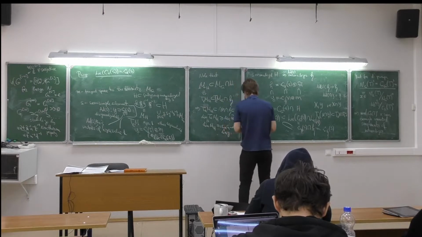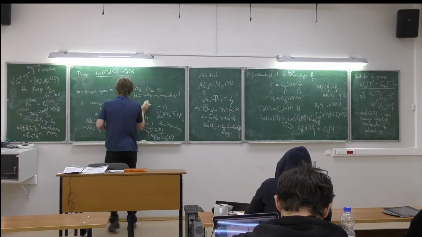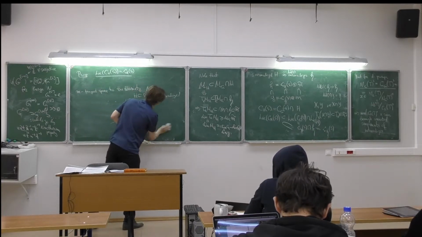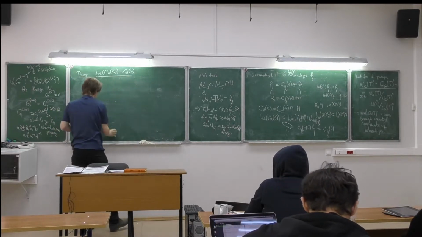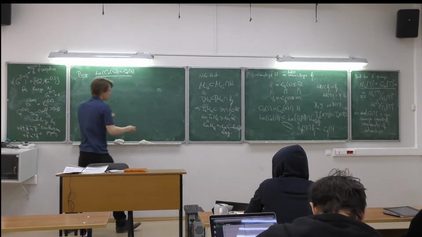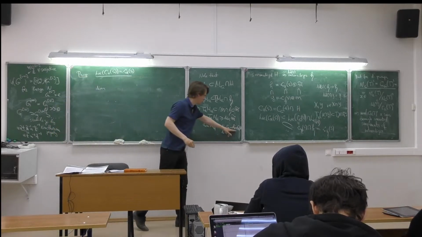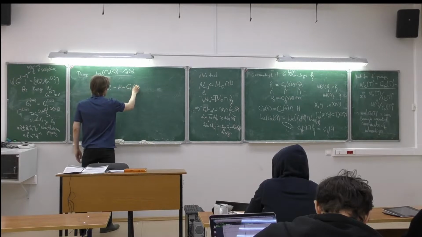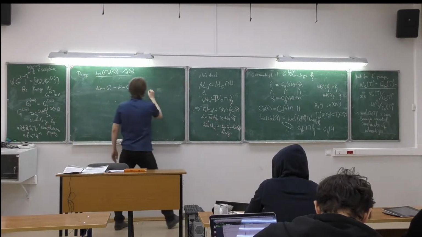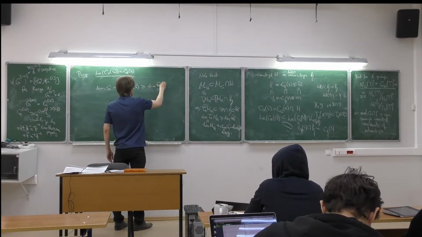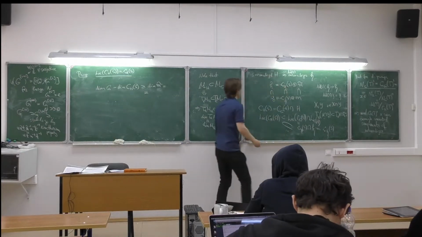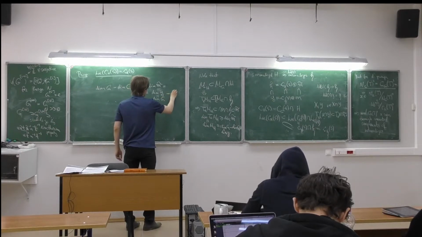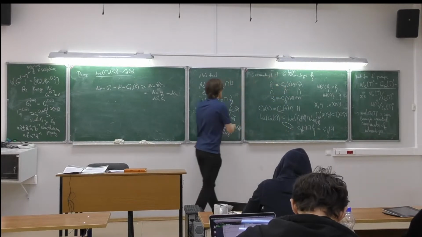So this proves the following thing: the dimension of G minus the dimension of the centralizer of S is bigger or equal than the dimension of M tilde, which is equal to the dimension of G minus the dimension of this Lie algebra. Yeah?